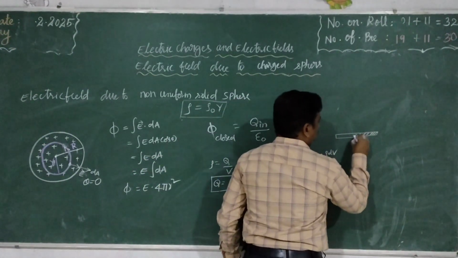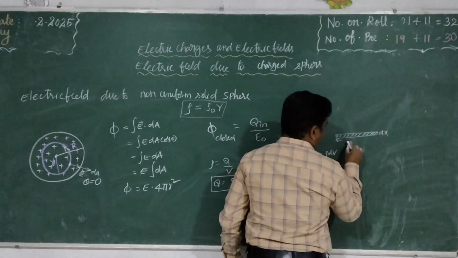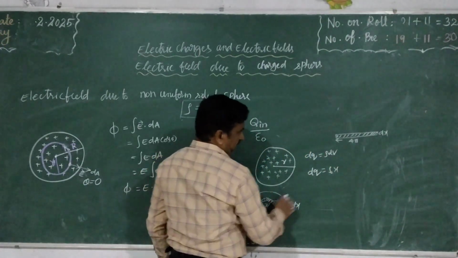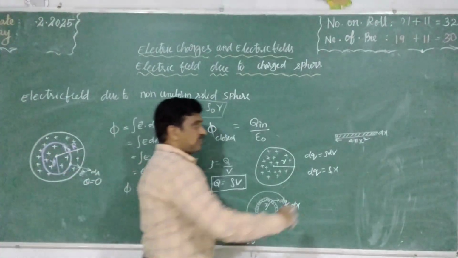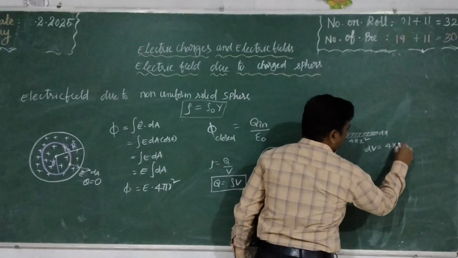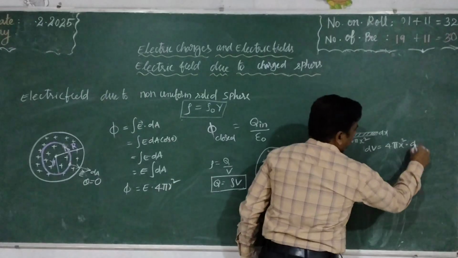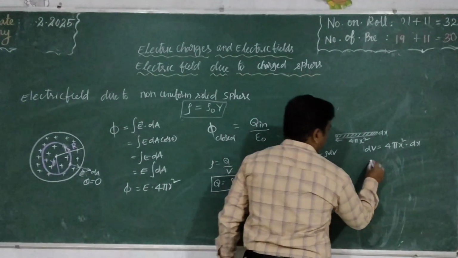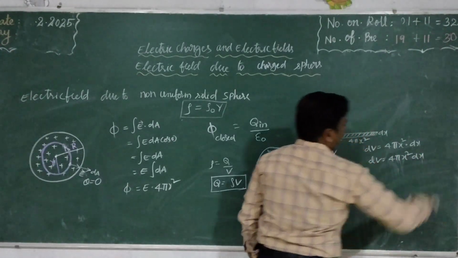This charge is dq, the thickness is dx, and the surface area is 4 pi x square. So the volume equals surface area 4 pi x square into thickness dx. Area into length gives volume, so dV equals 4 pi x square dx.